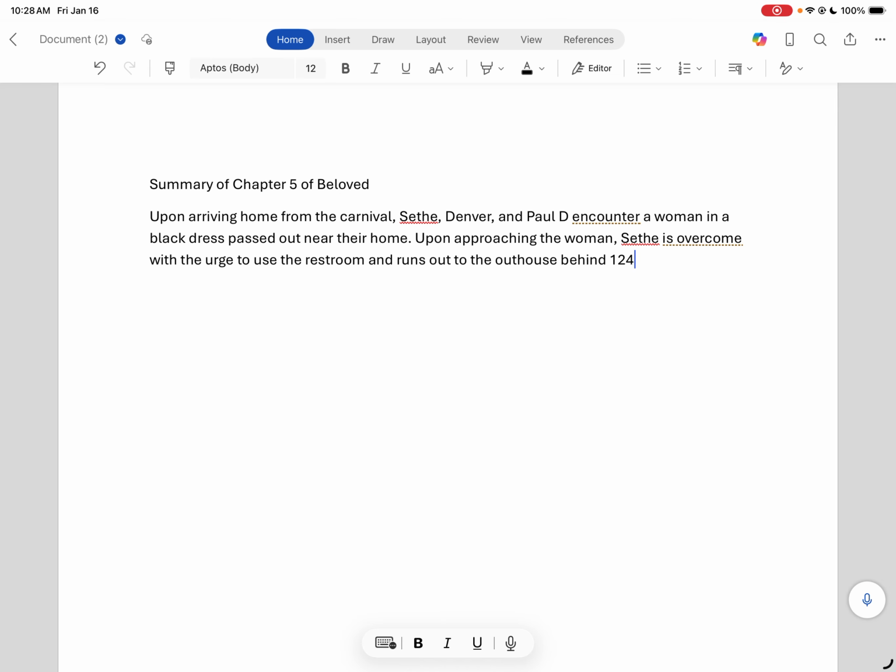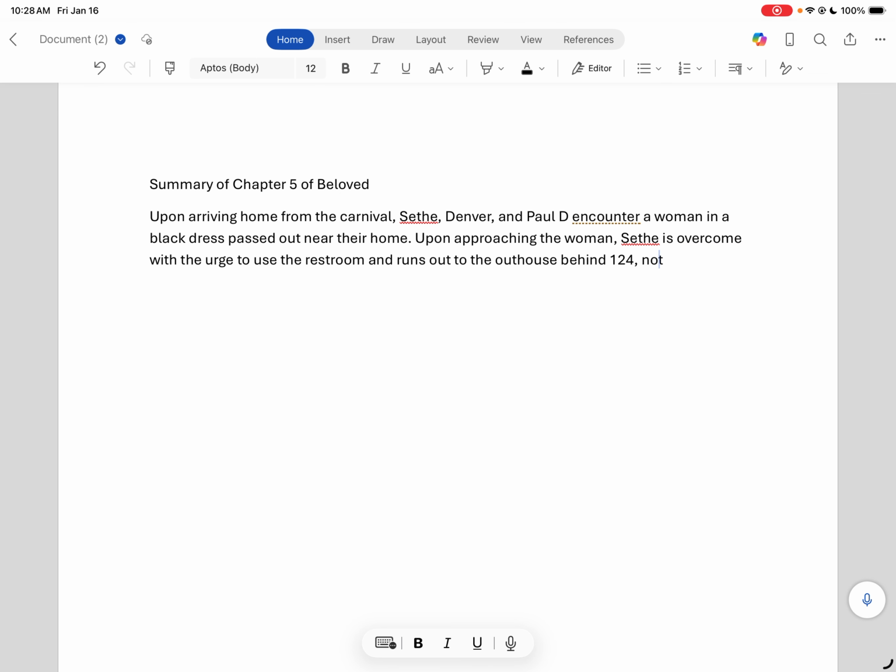It is referred to as 124 many times in the text. So whenever they are walking up to the woman who's passed out, Sethe gets this urge to urinate, and she runs to the outhouse behind 124, but she does not make it.